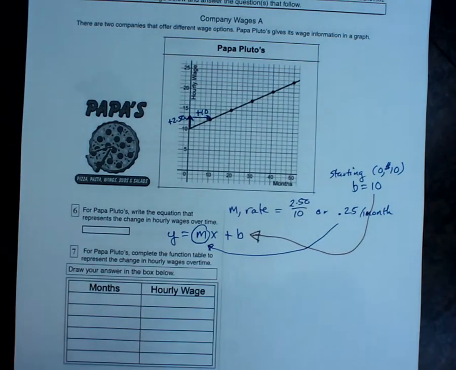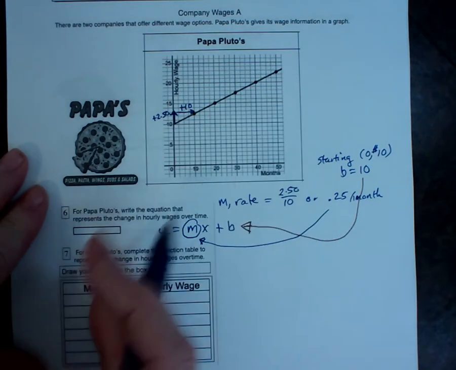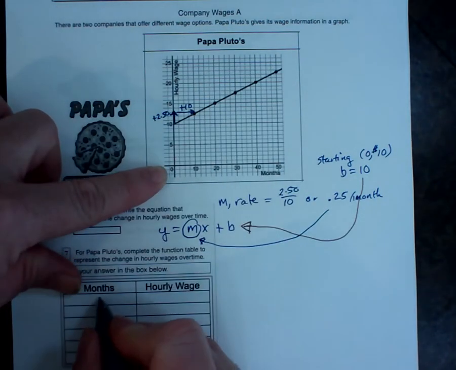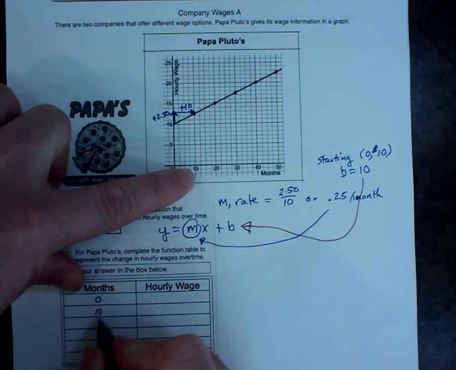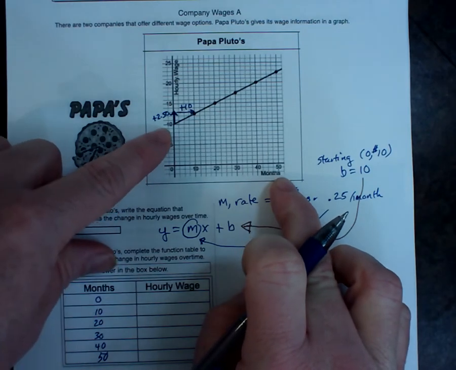We write our equation. And then it's a simple case to fill in the table for the months. The months are on this axis, so you do 0, 10, 20, 30, 40, and 50. And then how much money it corresponds to.